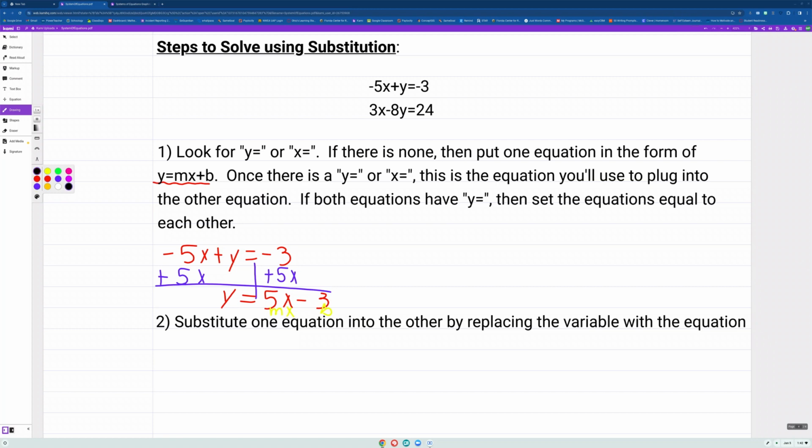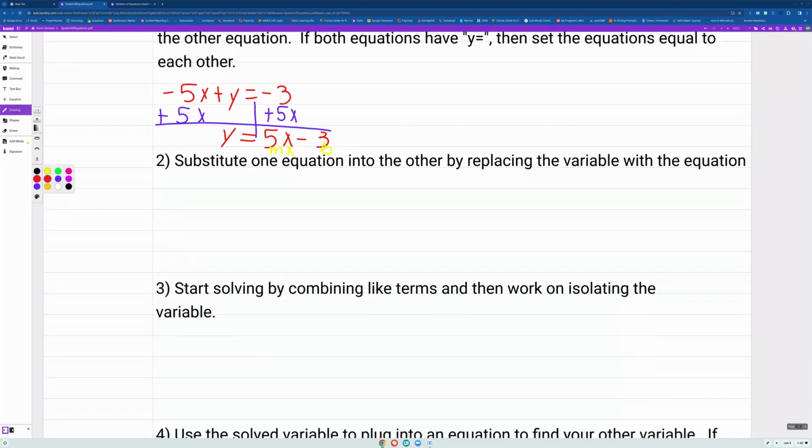All right, so now my new equations are 3x minus 8y is equal to 24, and y is equal to 5x minus 3. Okay.